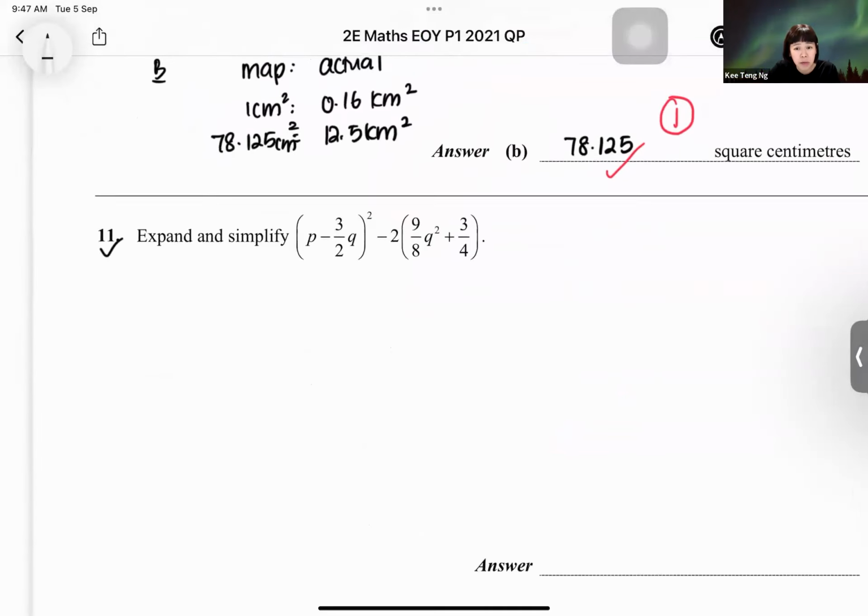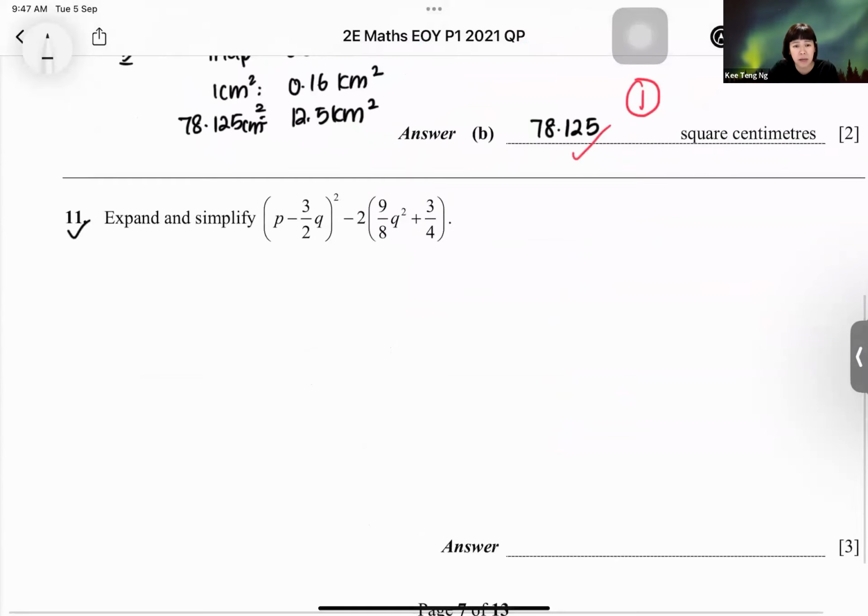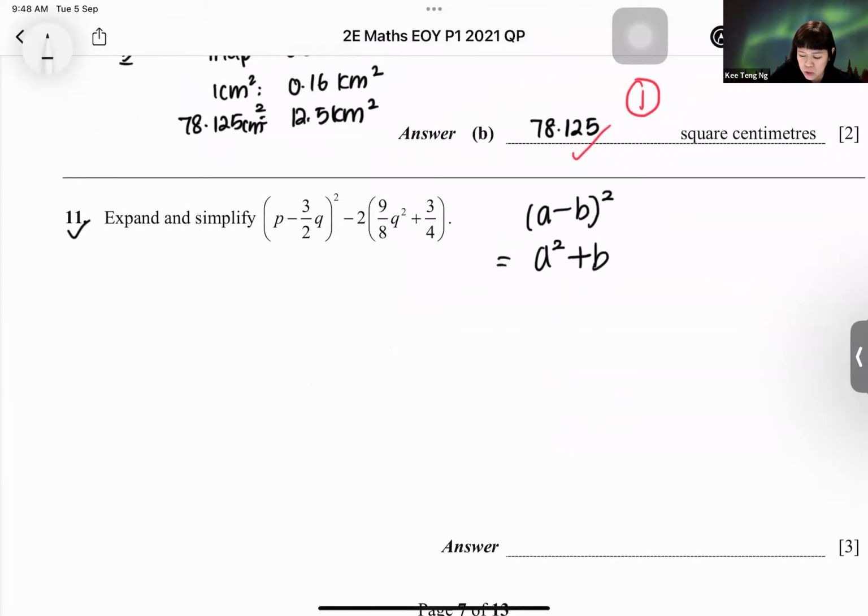Next one, I should do algebra a little bit slowly and bit by bit, right? First one, I have something square. Let's recall our formula. A minus B whole thing square is made up of A square plus B square minus 2AB.